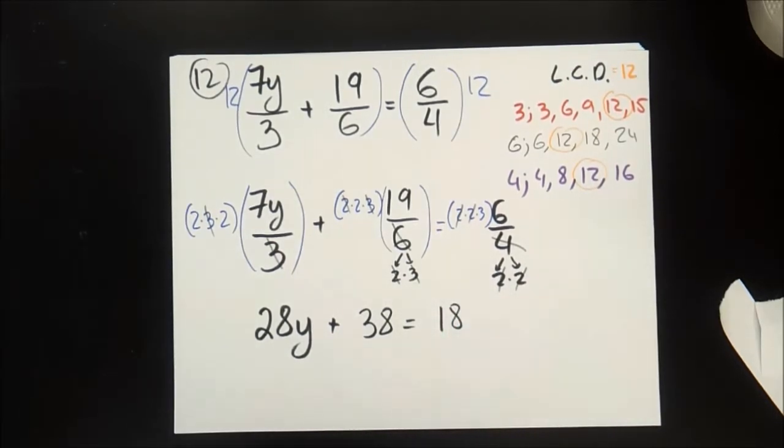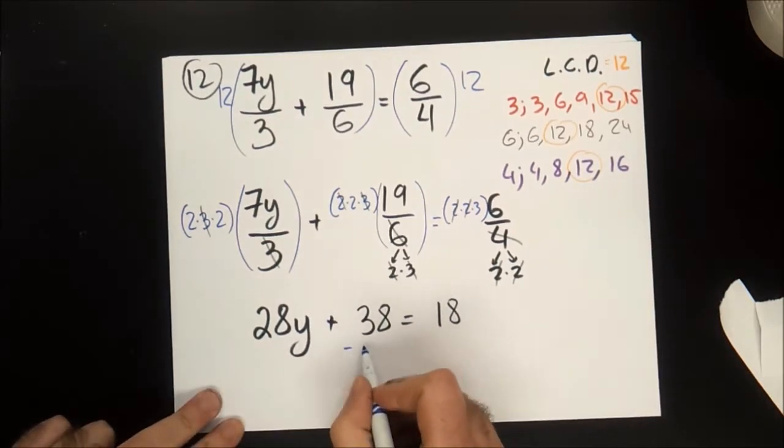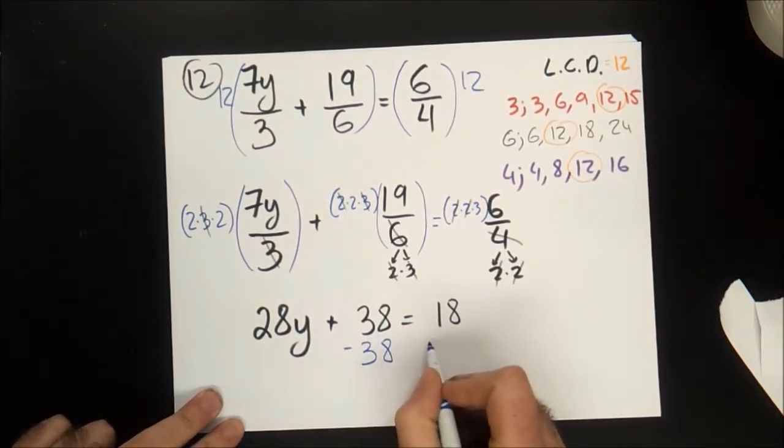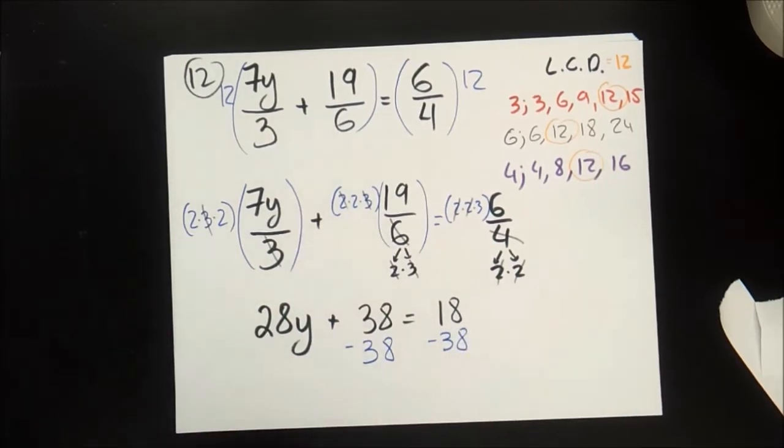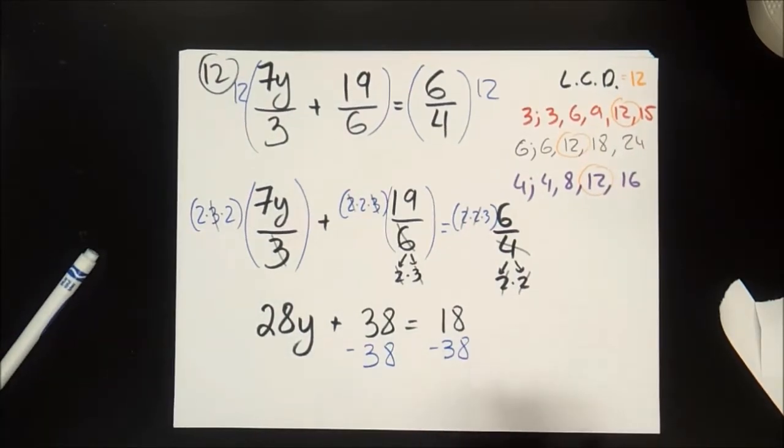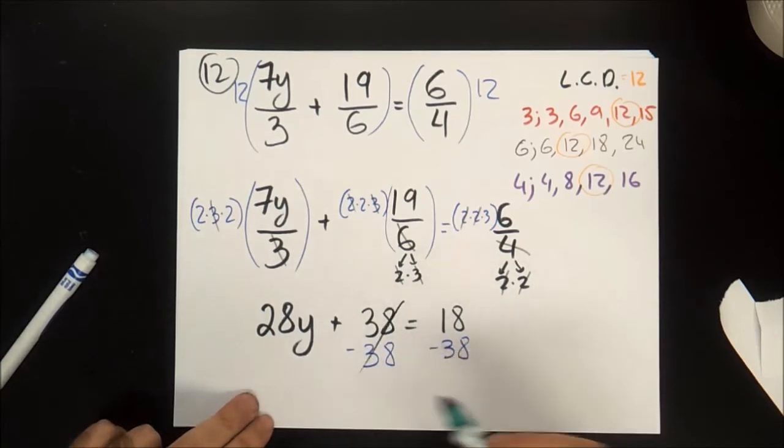Alright, and looks like this is another problem that's not going to come out evenly, but that's okay. We'll have a fraction for an answer. Not a problem. The 38 is being added. We subtract it to get rid of it. That's gone.